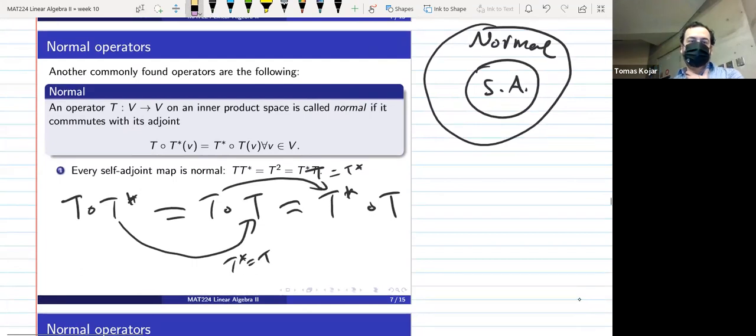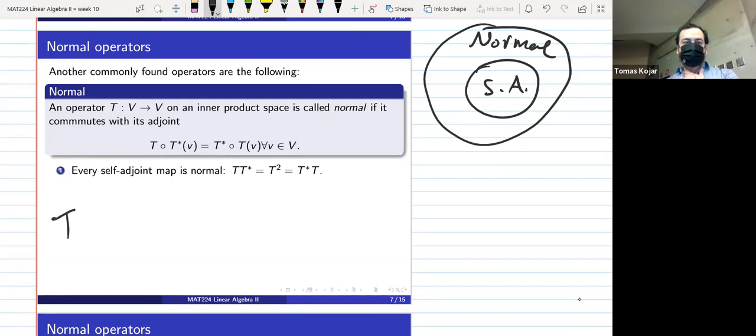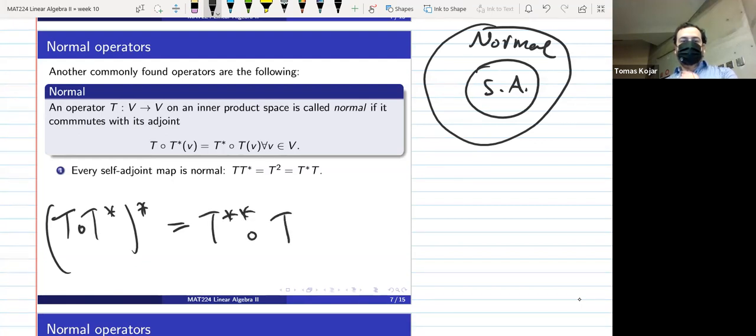So let's prove that self-adjoint operators are normal. So what happened here? Yeah, so T star, and you take its adjoint. So I'm doing another proof. Another fact is that the adjoint of a composition flips. Okay?